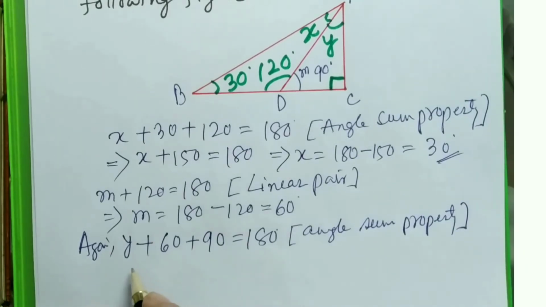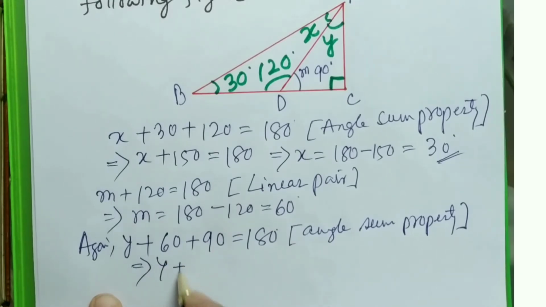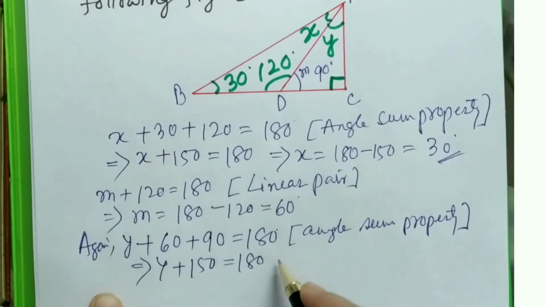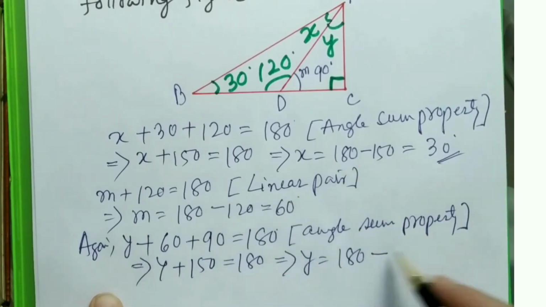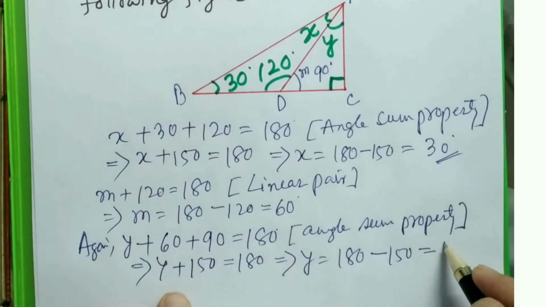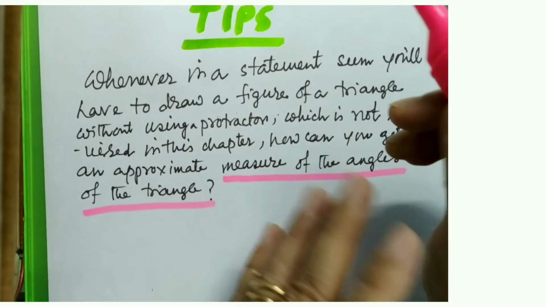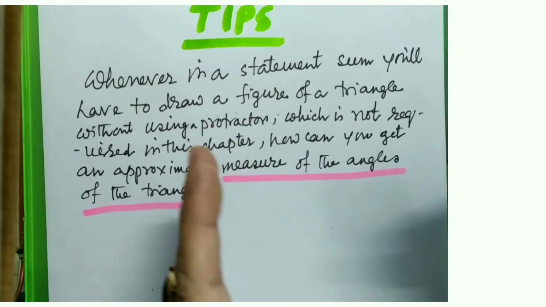So you should learn it very carefully and properly. This property you should know. y plus 150 (90 plus 60 is 150) is equal to 180. Implies y is equal to 180 minus 150, which is equal to 30.